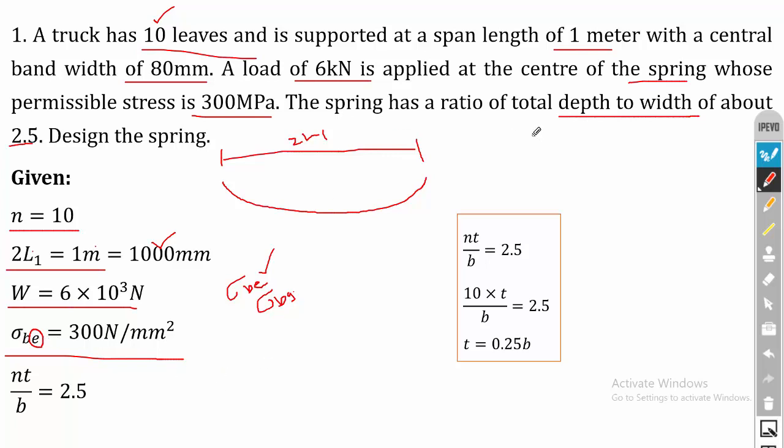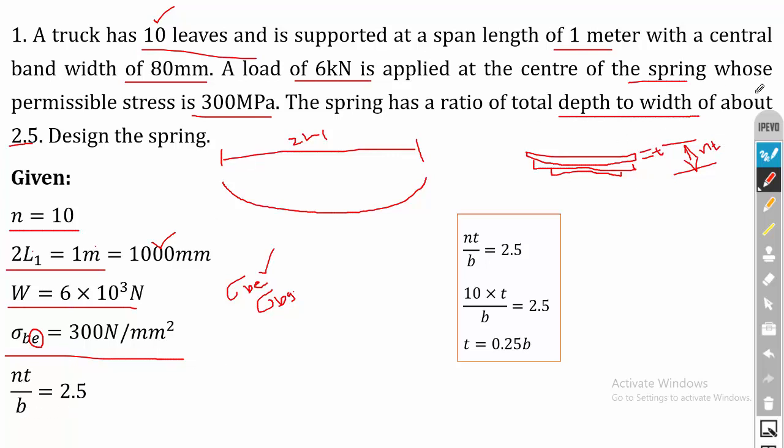And the spring has a ratio of total depth to width of about 2.5. Total depth means each leaf has a thickness of T. For example, if you have 3 leaves, then one leaf has a thickness of T, so the overall depth of the spring is n into T, thickness into the number of leaves. Then nT divided by b is our ratio.